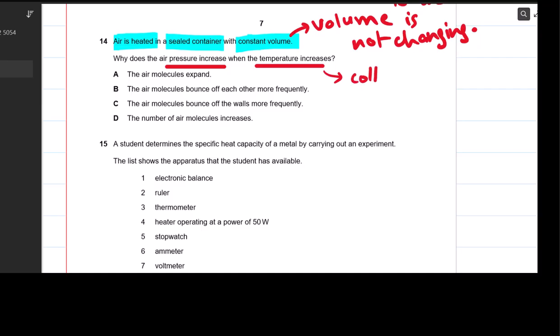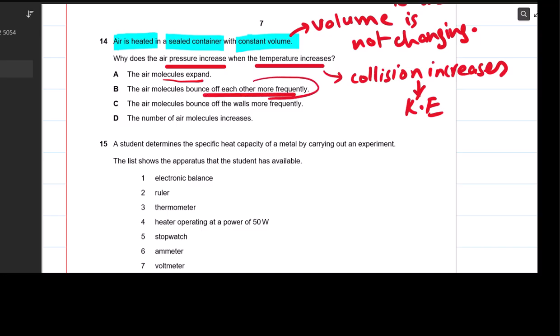Collision increases. If collision increases, kinetic energy increases. So air molecules expand. No, the air molecules bounce off each other more frequently. Yeah, possible. But when is it possible? When air molecules bounce off the walls more frequently.